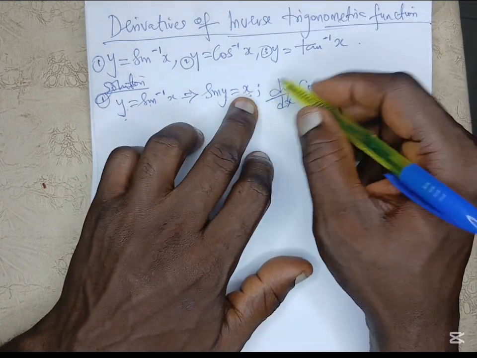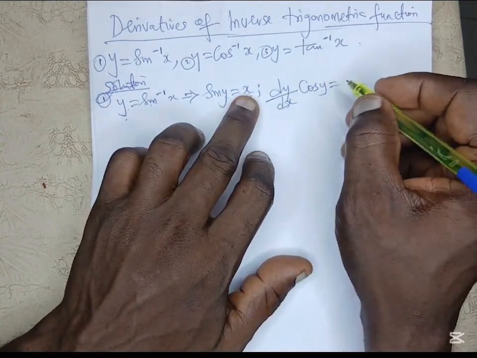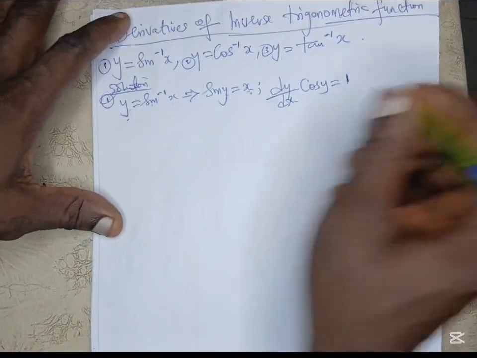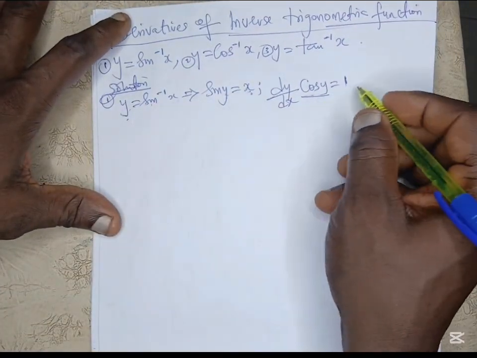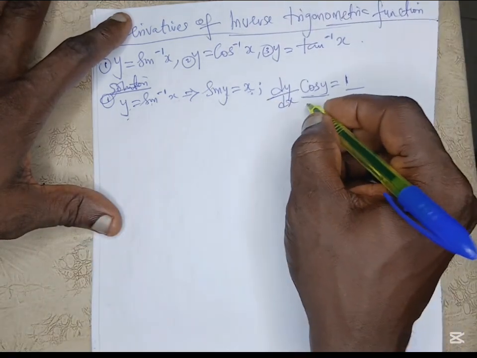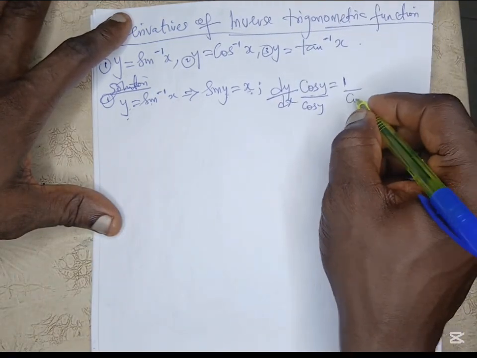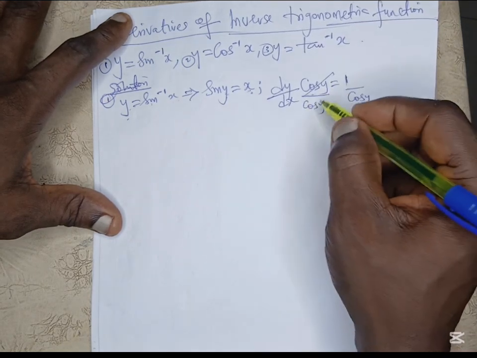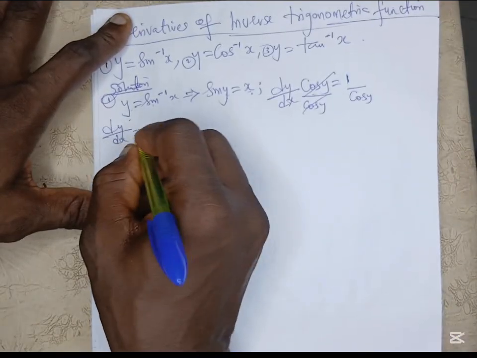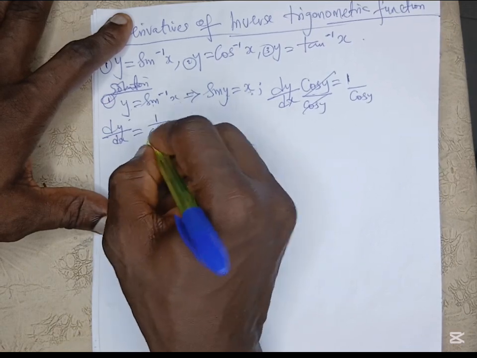But x is the independent variable, so if you differentiate x, you get 1. So divide this side by cos y. You see that dy/dx is equal to 1 over cos y.